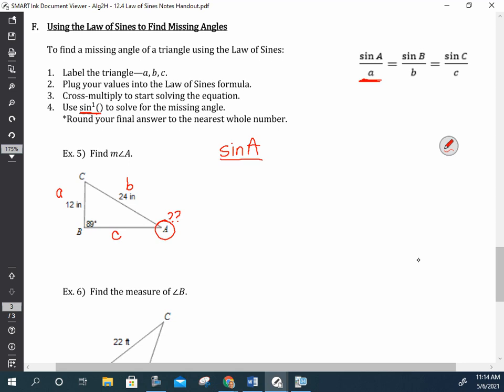Sine A over 12. We need another angle-side combination. We know angle B, we know side B, so let's use that combination: sine 89 over 24.